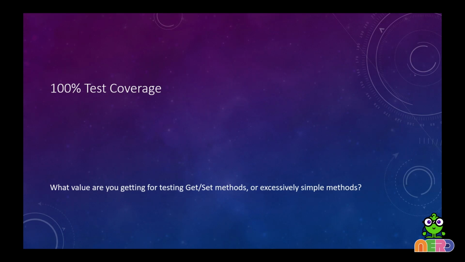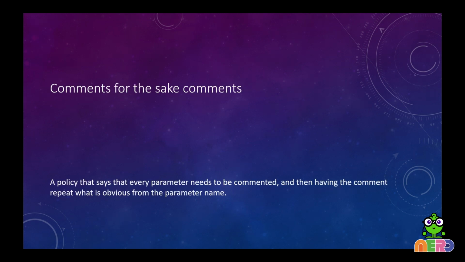Do you need to have test coverage of get and set methods, for example? Probably not. Even within testing, you probably have a better result if you spent more time testing the more complex parts of the code versus just doing some rote testing.